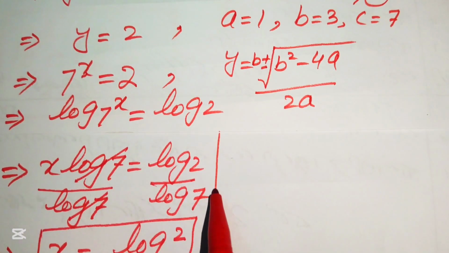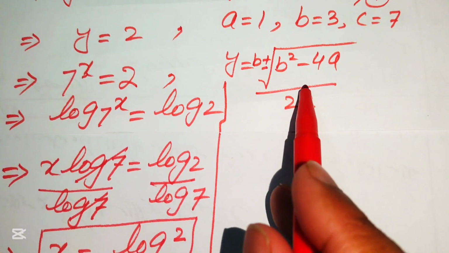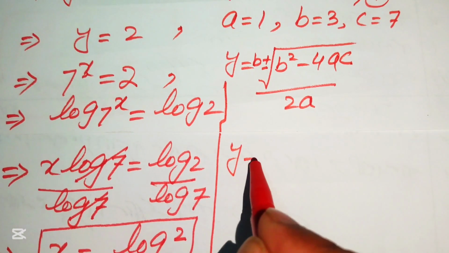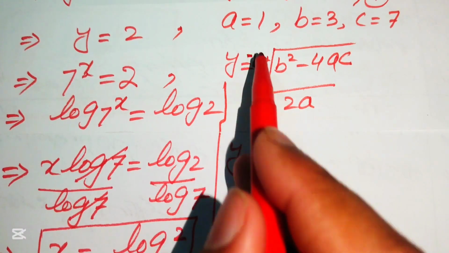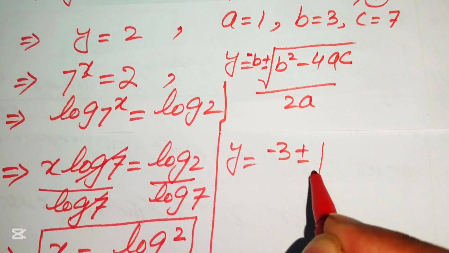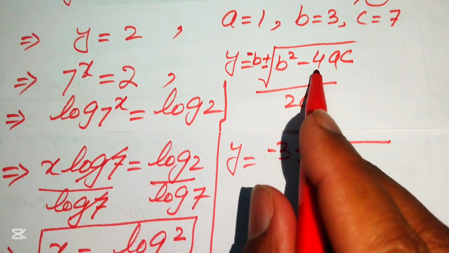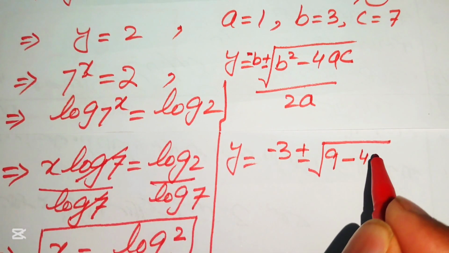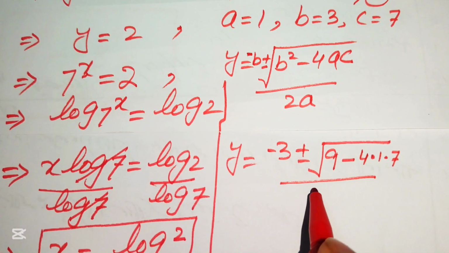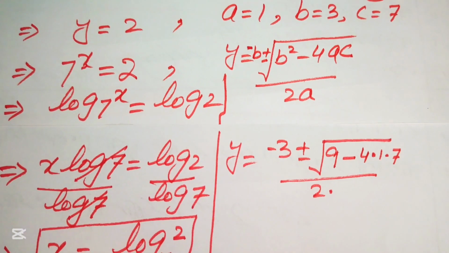And now we substitute the values of a, b, c here, and it will be written as y equals minus b, sorry, this is minus b. The value of b is 3, so minus 3 plus minus square root of b squared. B is 3 and 3 squared is 9, minus 4 times a, which is 1, and c is 7, and it is divided by 2 times a, and here our a equals 1.